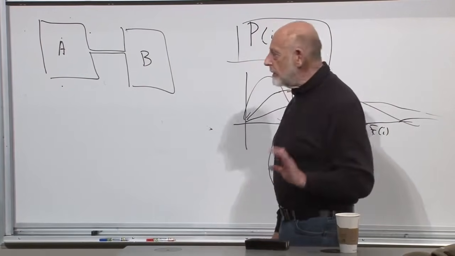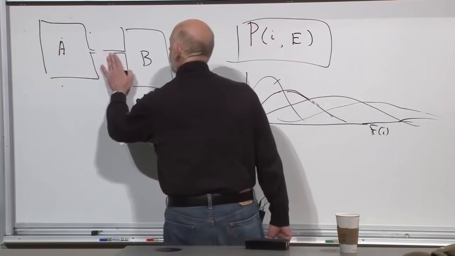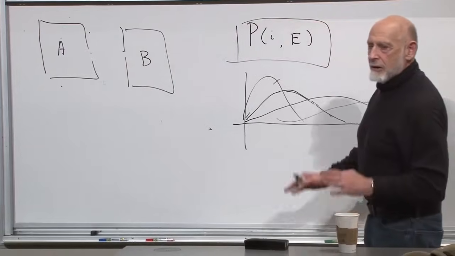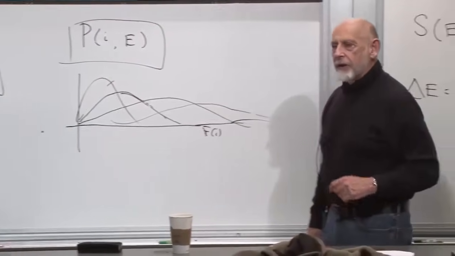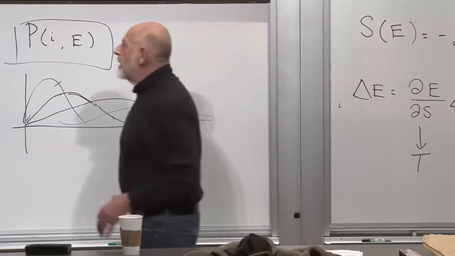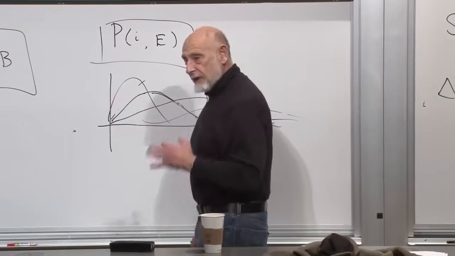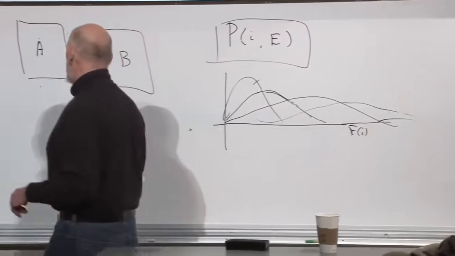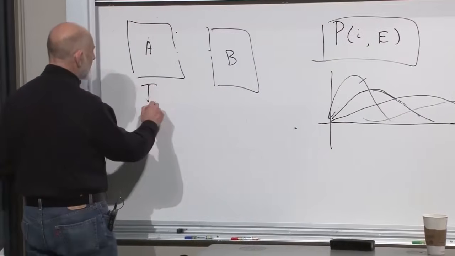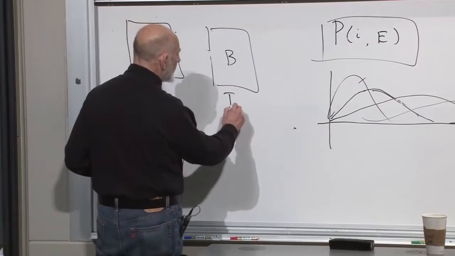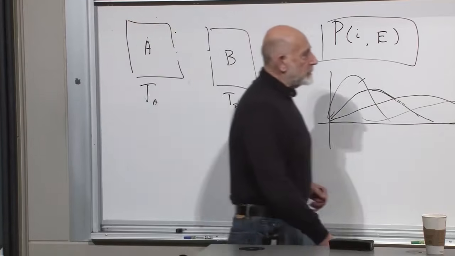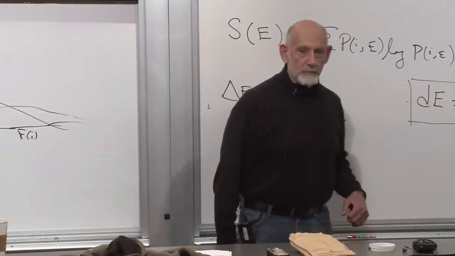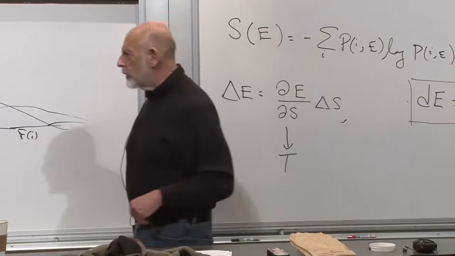Now let's start them out without having been in contact. They're each in equilibrium, but at a different temperature. Let's call them TA and TB. We know what temperature means: temperature is the rate of change of energy with respect to entropy, an abstract definition to be sure.